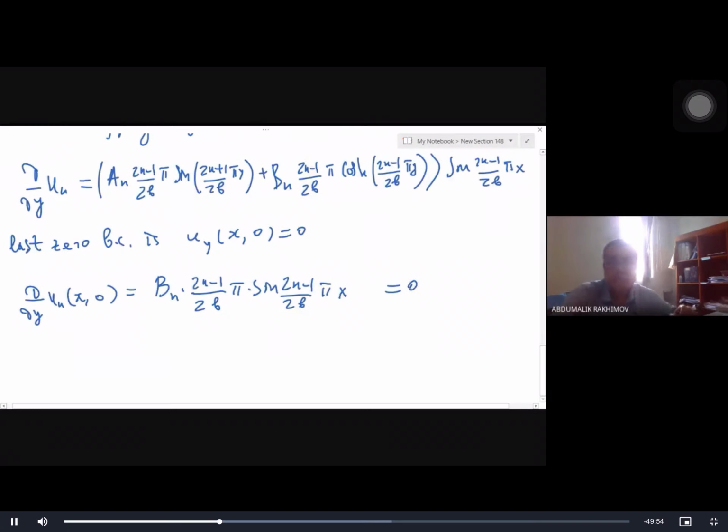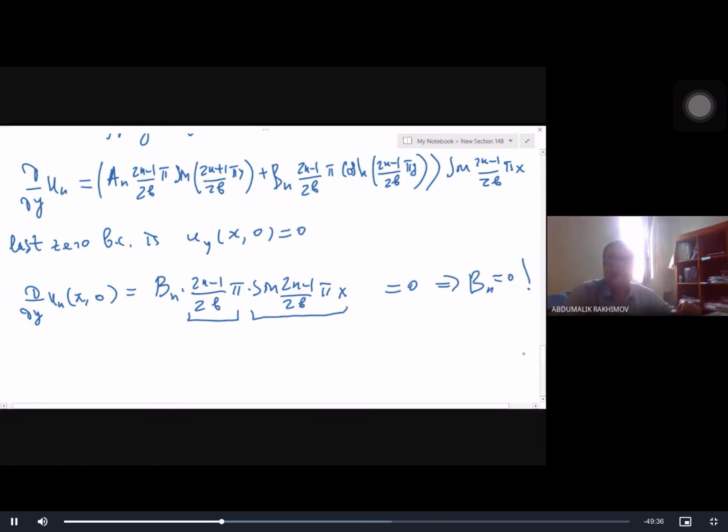What we get from this is a function, not 0 for all x, right? This is not 0. Then b_n must be 0.